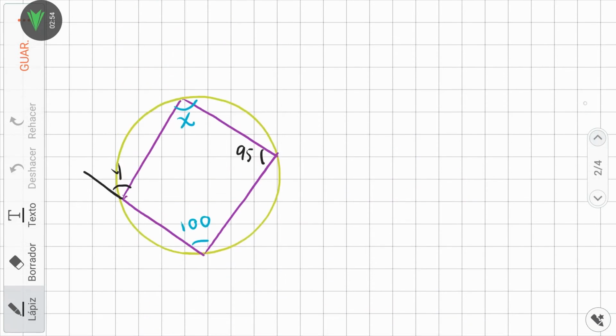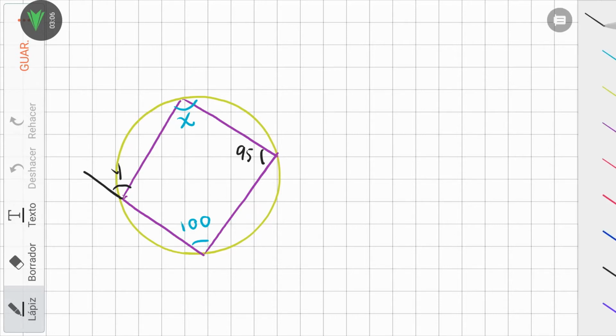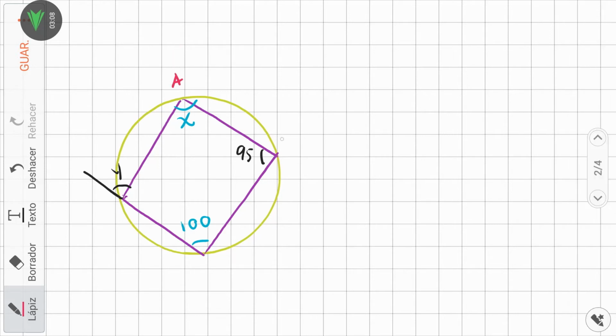Now let's do a problem just using what we just saw before. So say you have this cyclic quadrilateral. I forgot to put the vertices A, B, C, D. So say that the angle BCD measures 100 degrees, and you were looking for the angle DAB. Now, you know that the angle BCD plus the angle BAD must add up to 180.